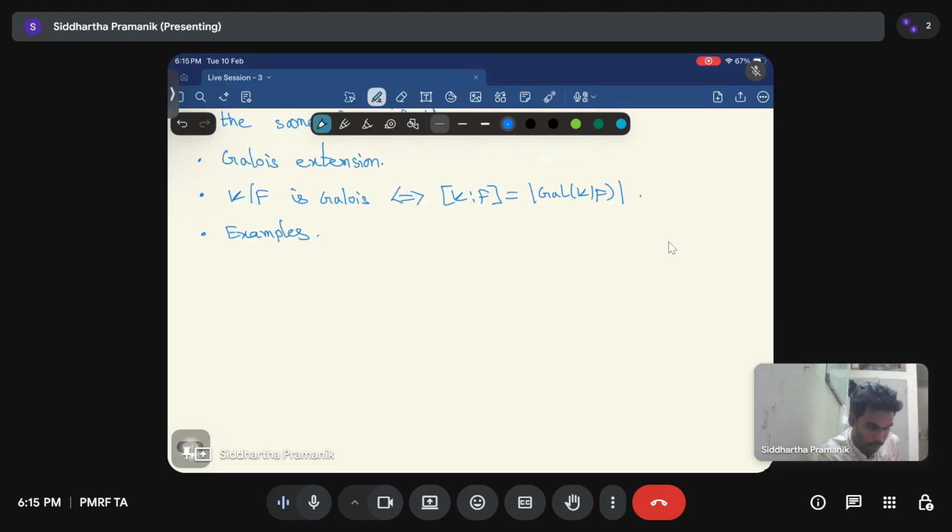Then to give different characterizations of Galois extensions, we have introduced normal extensions. So we started with the three equivalent conditions for a finite extension to be normal. Equivalent definitions of normal extensions.